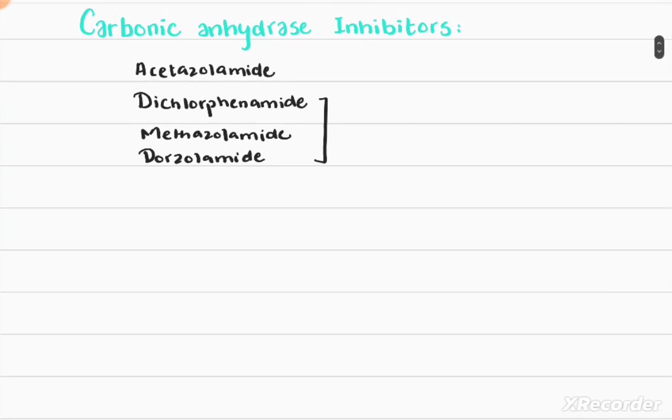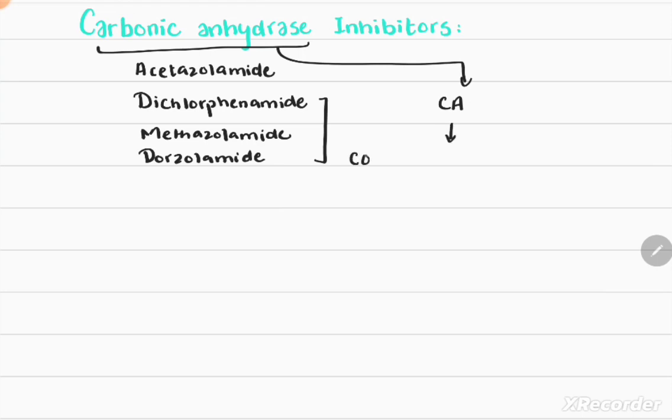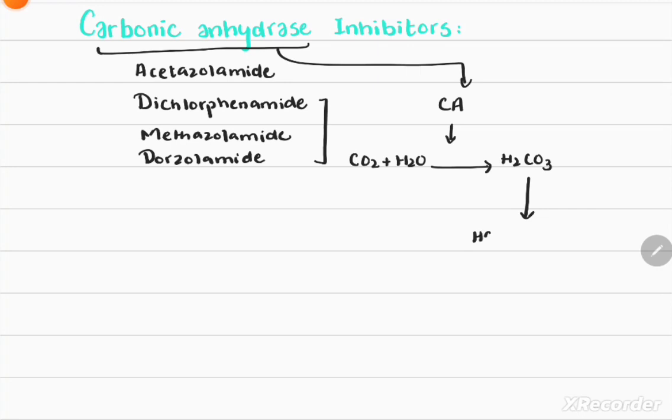The carbonic anhydrase inhibitors, as the name indicates, inhibit the enzyme which is known as carbonic anhydrase. This enzyme is responsible for the conversion of carbon dioxide plus water into carbonic acid, and this carbonic acid is further degraded into bicarbonate plus hydrogen ion.